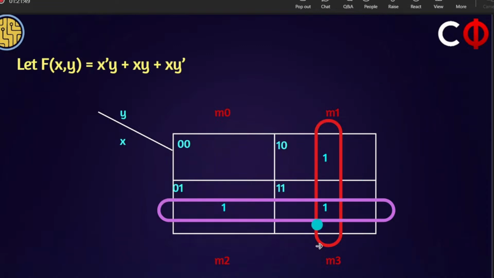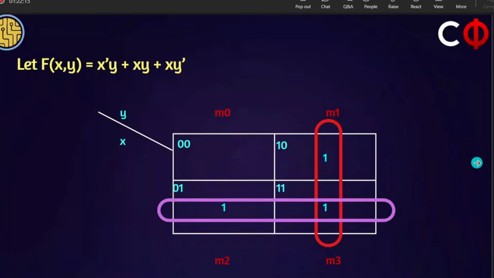Okay, and how do I express these terms? Let's go with this red grouping. So these terms, they actually only differ in the y position here. And so what is the x position? X is 1, so I'll write it as x. And here, if you see, it is only the x term which is varying and the y term is already high, so it is 1.